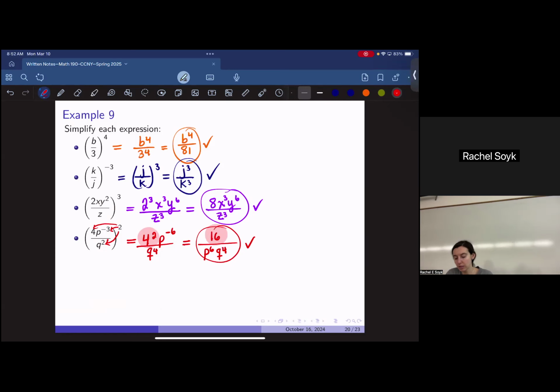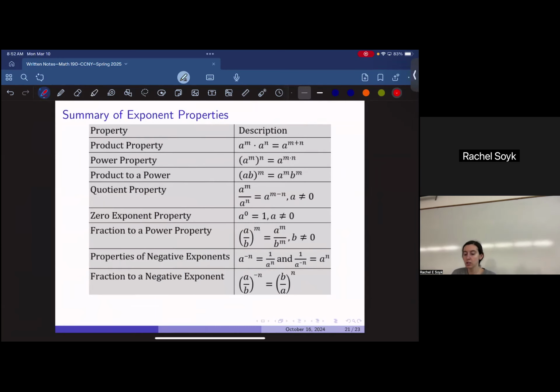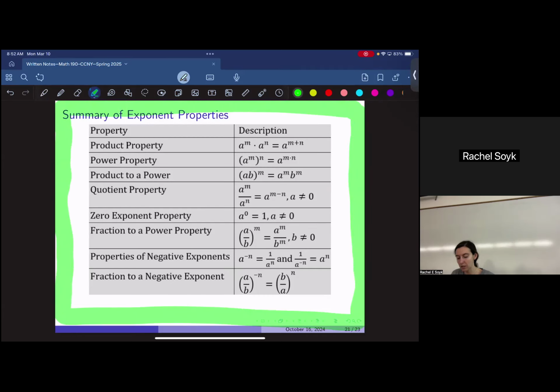A few slides left. This slide is just a summary of all of the exponent properties that we covered in class today. So if you've been handwriting notes throughout the class, I recommend you putting this into your notes.